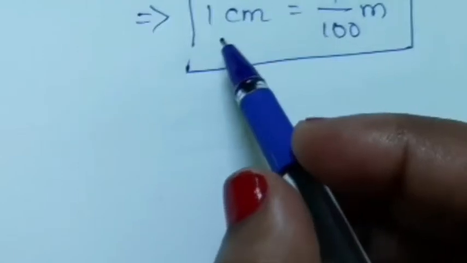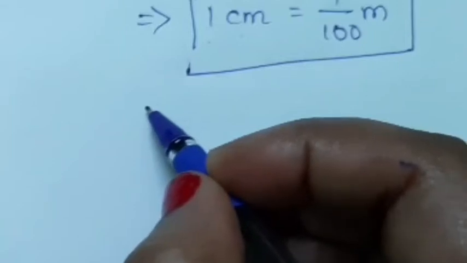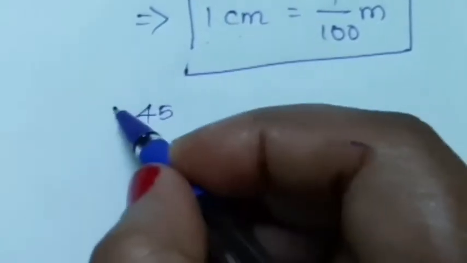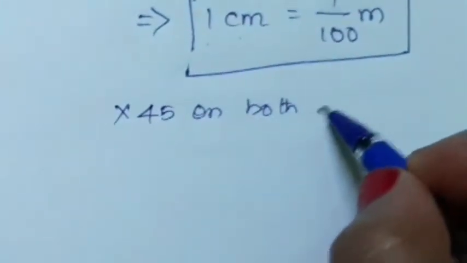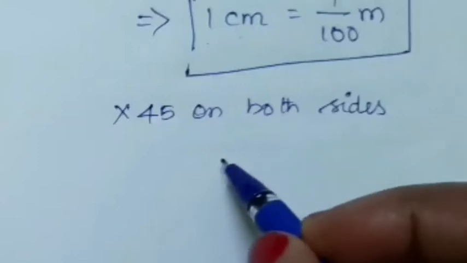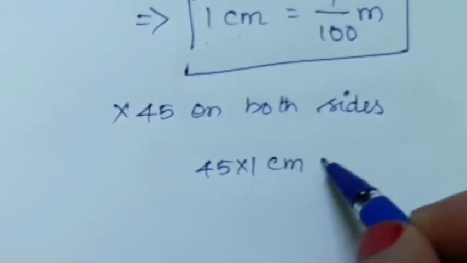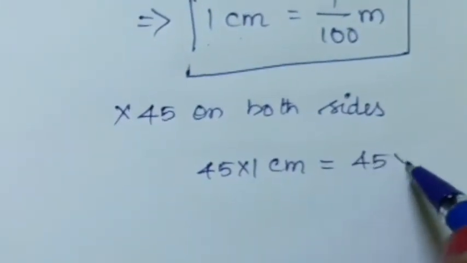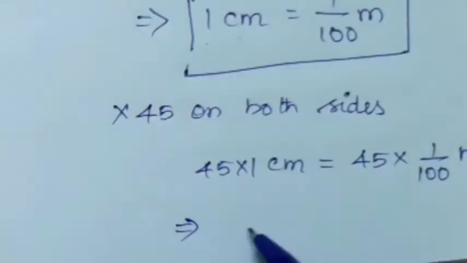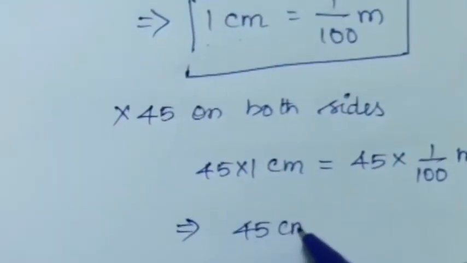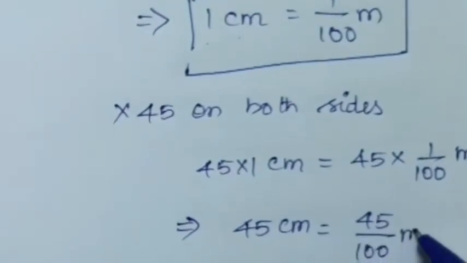We know that 1 centimeter is equal to 1 by 100 meter. Multiplying by 45 on both the sides, we get 45 into 1 centimeter is equal to 45 into 1 by 100 meter, which is equal to 45 centimeter is equal to 45 divided by 100 meter.